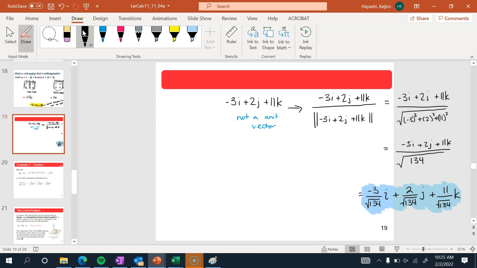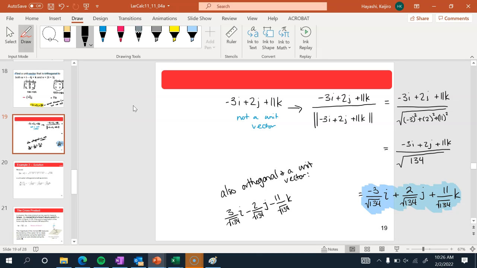Now, if this is an acceptable answer, another vector that is orthogonal and a unit vector would be positive 3 over square root of 134 i minus 2 over square root of 134 j minus 11 over square root of 134 k.